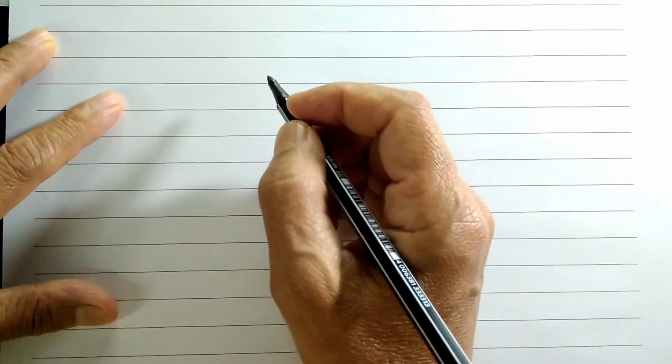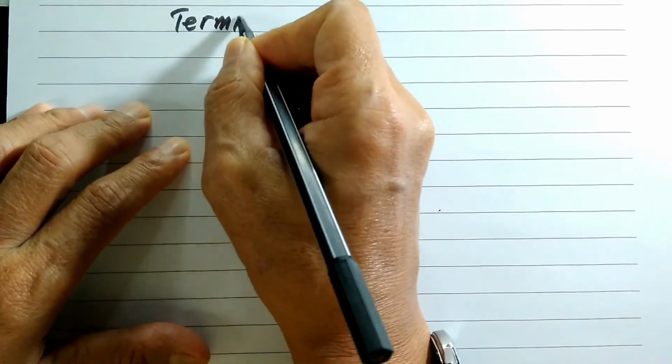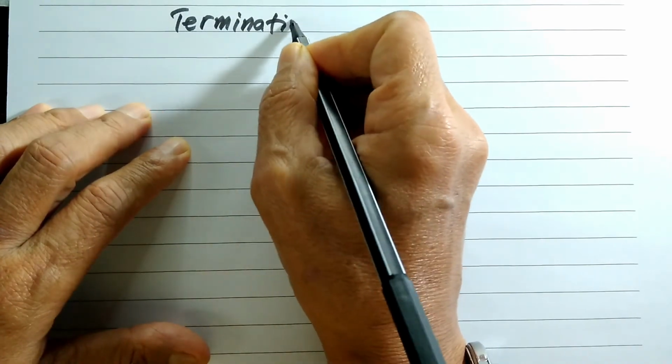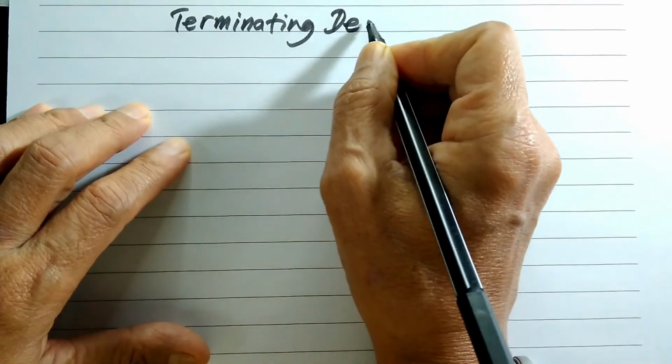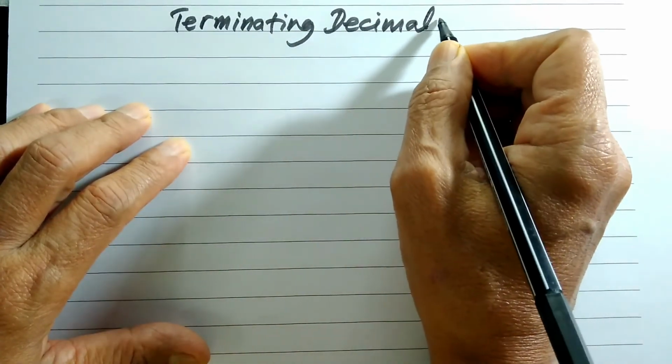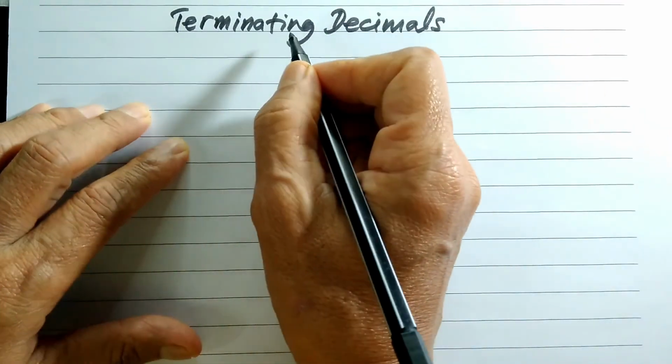Now, there is a second way of deciding whether a decimal represents a rational number or not, by looking at whether the decimal stops at a certain point. We say terminating decimals. Terminating means stop.